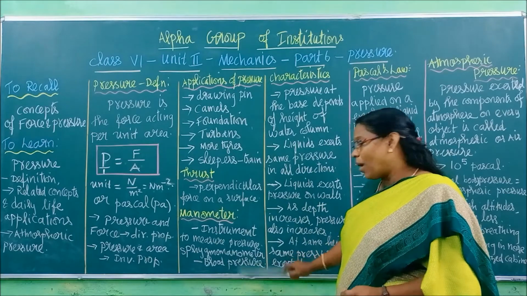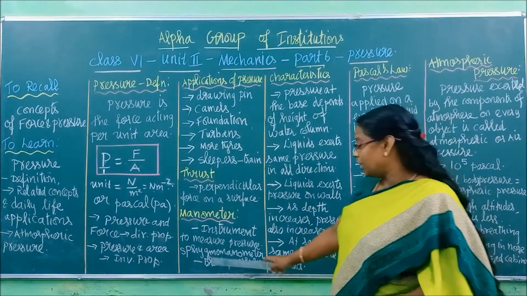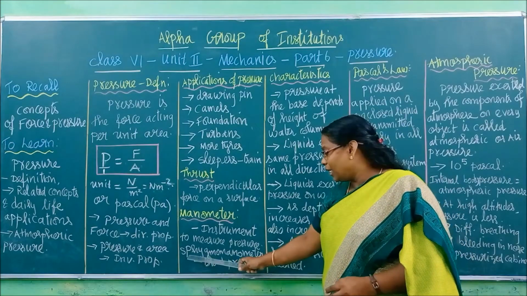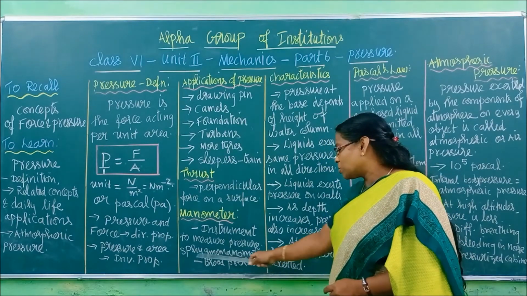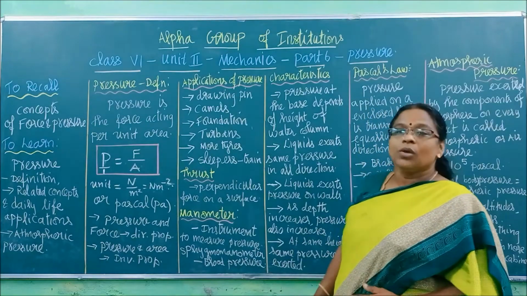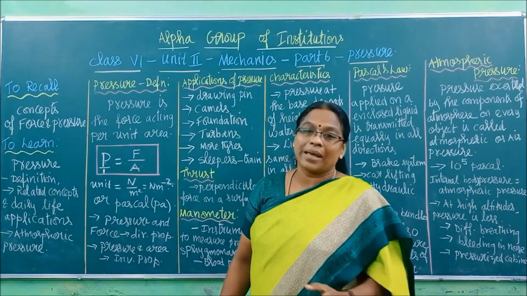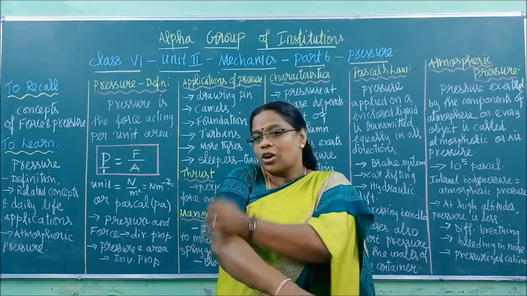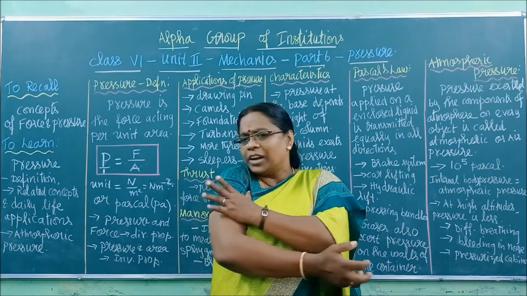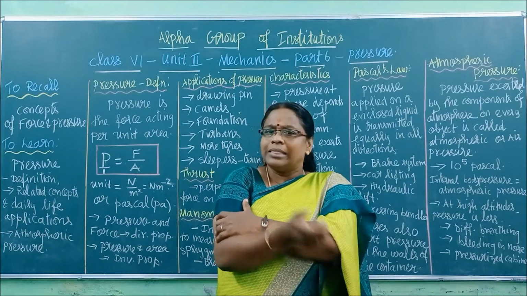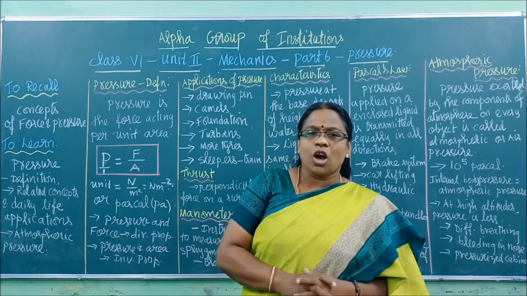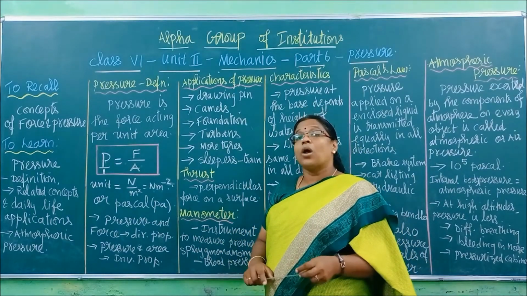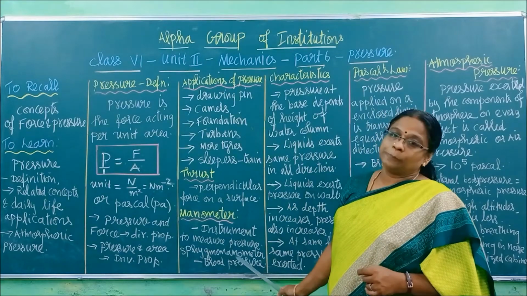Now we have another one. I tell you the word, you just see it. Sphygmomanometer. S-P-H-Y-G-M-O, sphygmomanometer. What is that? It is the ordinary BP apparatus. When we go to doctors, they will tie some tight band on our hand and measure with something, it will get tightened over here, right? Then they will release it and say it is normal, high BP, or low BP. That apparatus is called a sphygmomanometer.